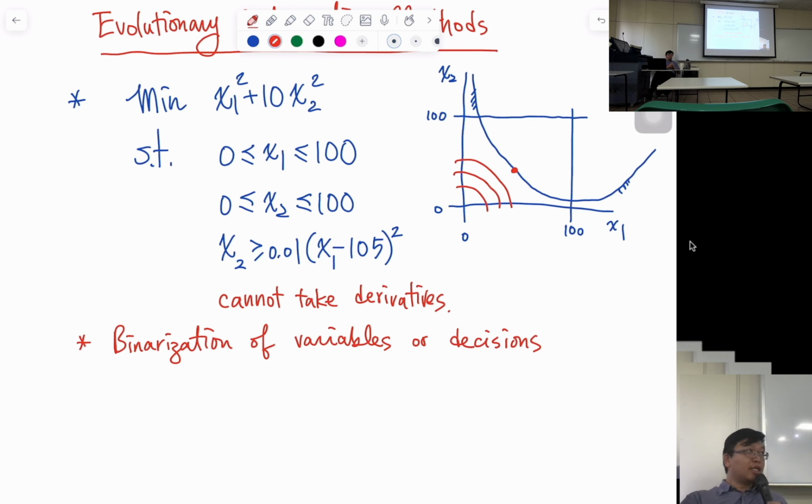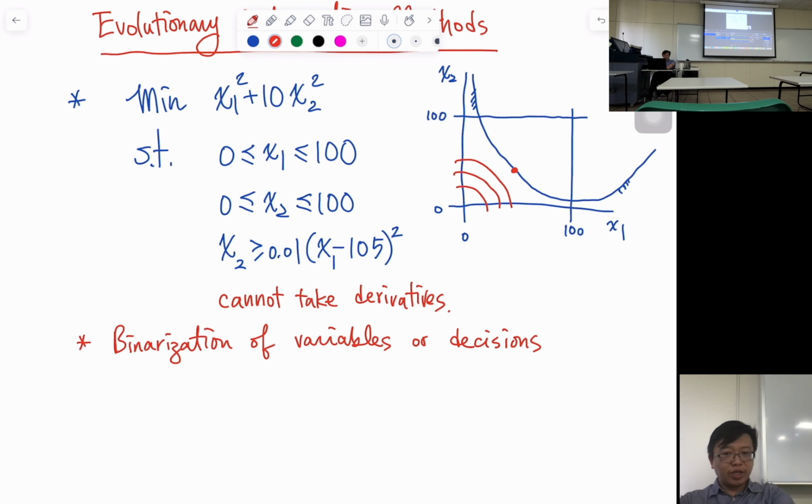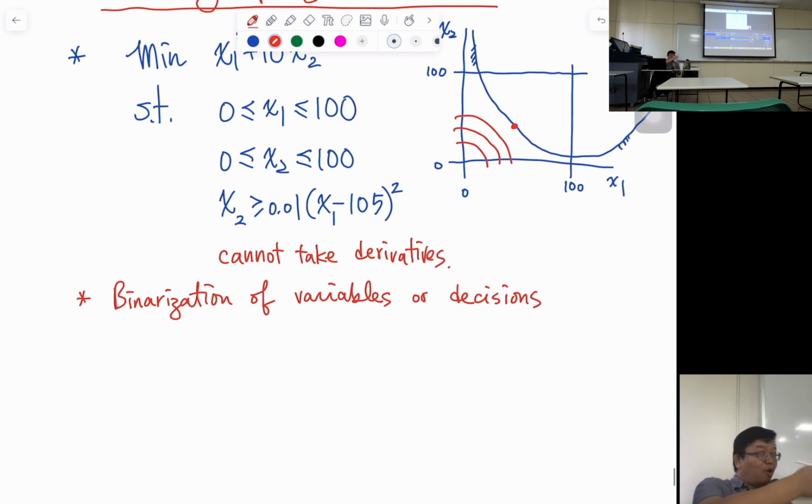So in my case, let me see what I'm going to do. 2 to the power of 5, 6, 7. Okay, how about I'm gonna cut the range from 0 to 100 into 1,000 small digits, cut small pieces.